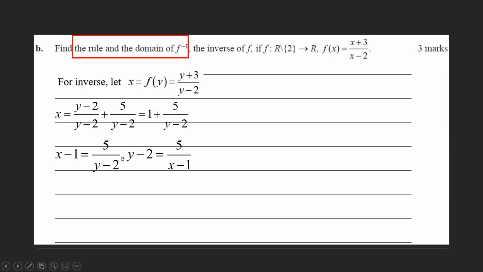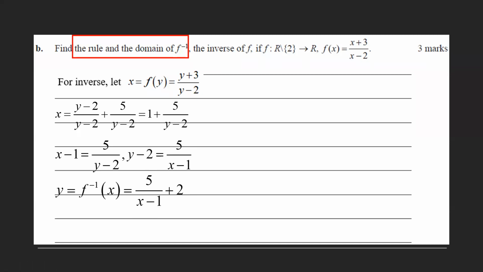Because your target is to isolate y, to transpose for y. So your y is equal to f inverse of x, because the question is looking for f inverse. You have to write f minus 1 bracket x, okay, not just y. And this whole thing is your rule, because you can add 2 to both sides: 5 over x minus 1 plus 2.